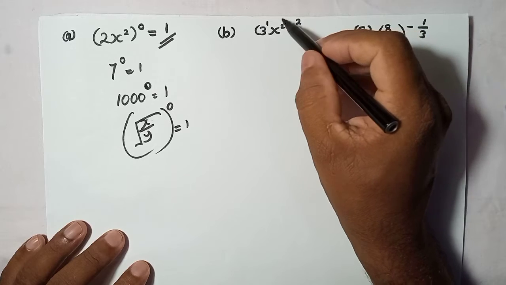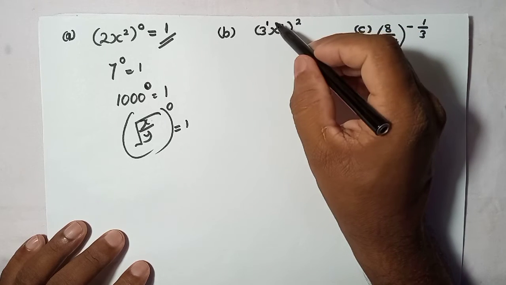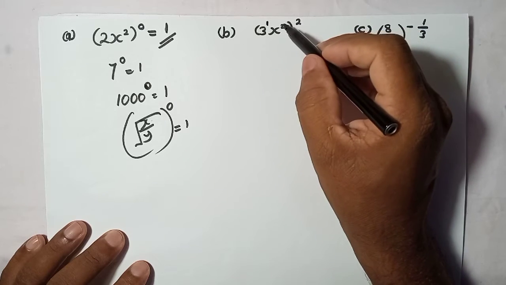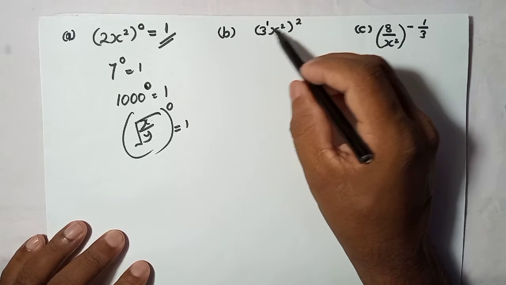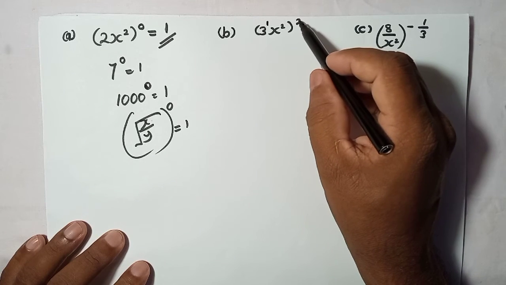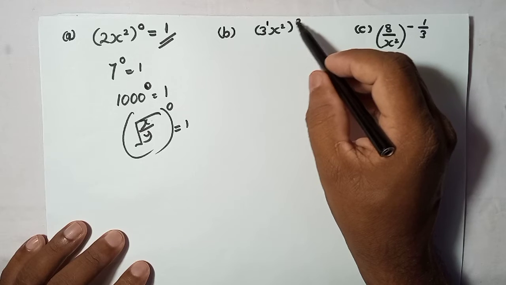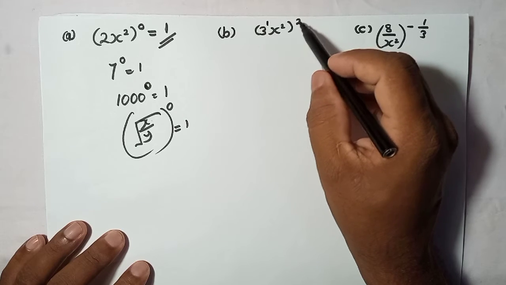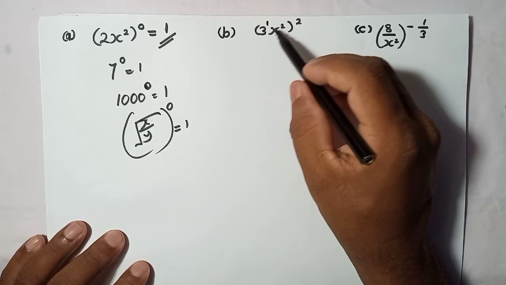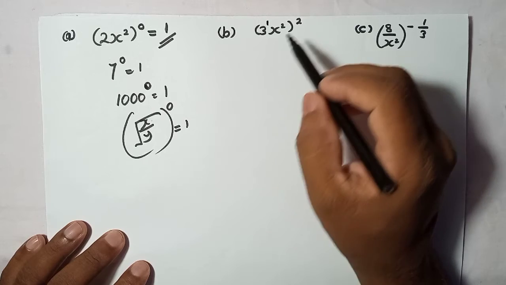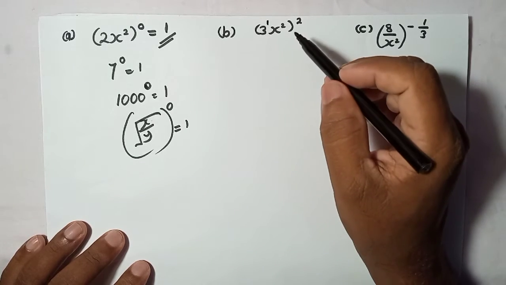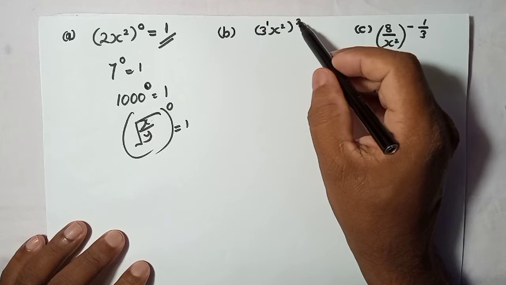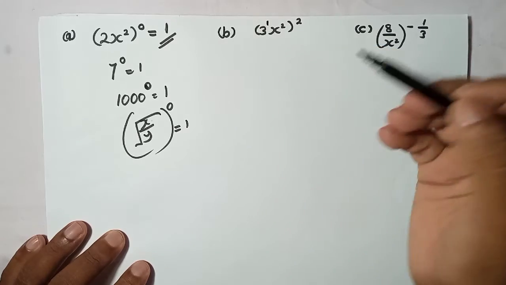There's another way someone can explain: here x has power 2, so you can write it as twice this thing again into this, but that method will be a little bit difficult when you have big numbers like 8 and 7.